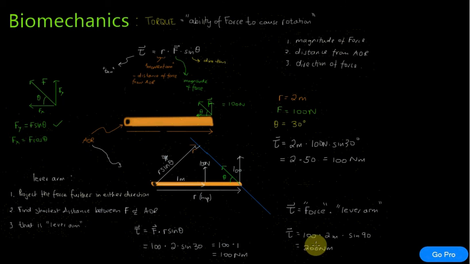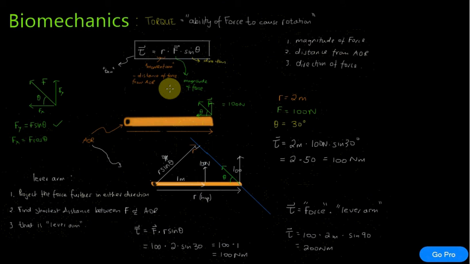I'd be twice as effective in my torque as in the earlier scenarios. So keep in mind that torque is equal to lever arm length times force times the sine of the angle of application, and it is maximized when this angle is perpendicular. Don't forget that.